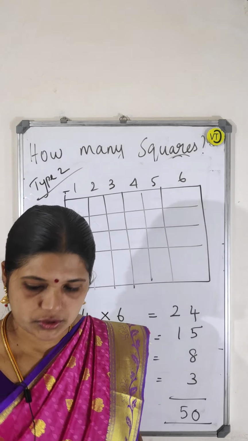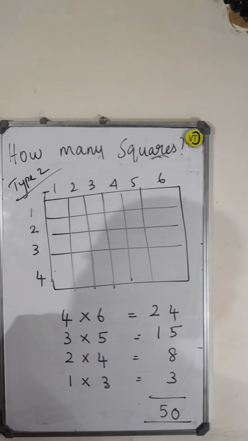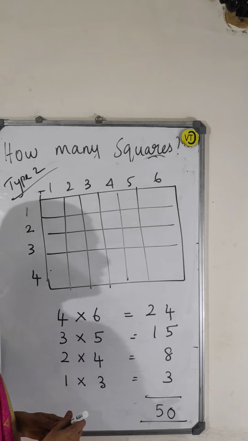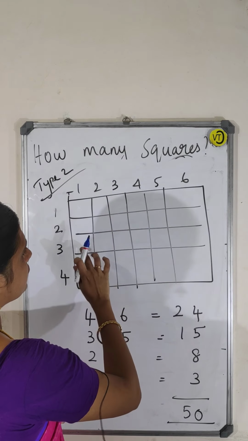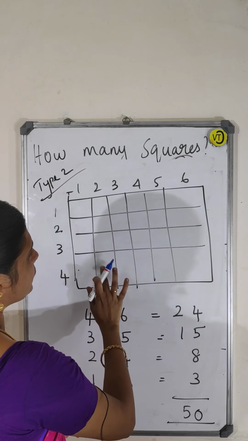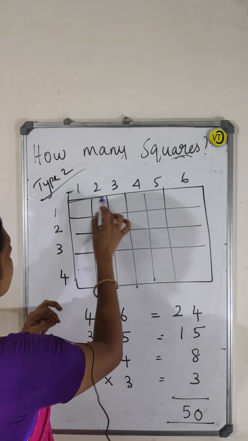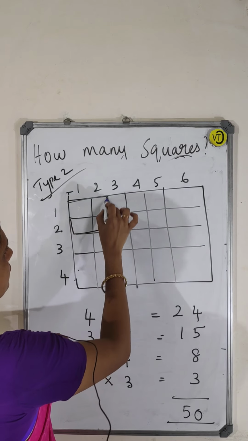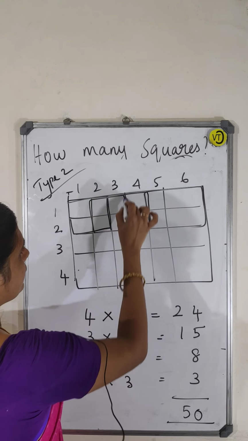Guys, you understand? If you count like this, 50 squares will be there. See, normally if you count, it will be like 1, 2, 3, 4, 5, 6, 7, 8, 9, 10, 11, 12, 13, 14, 15, 16, 17, 18, 19, 20, 21, 22, 23, 24 only you will get. Inside it will be there, that you have to check. This, again this, again this.